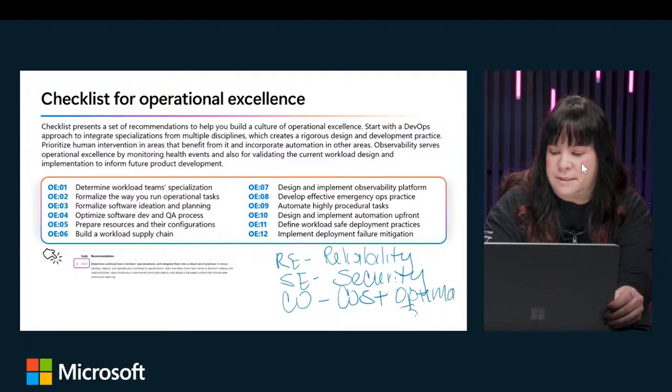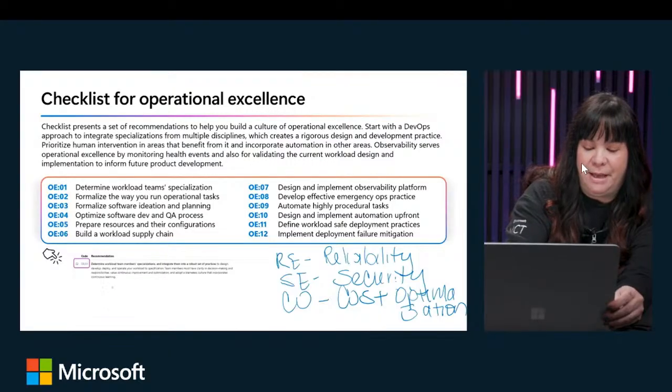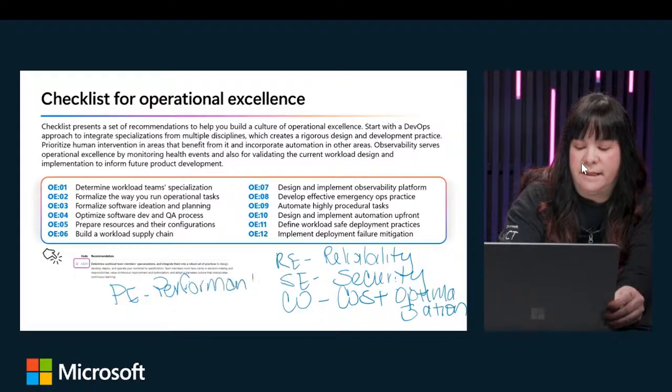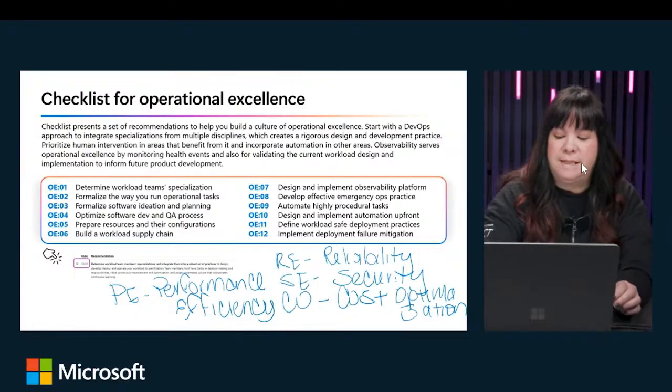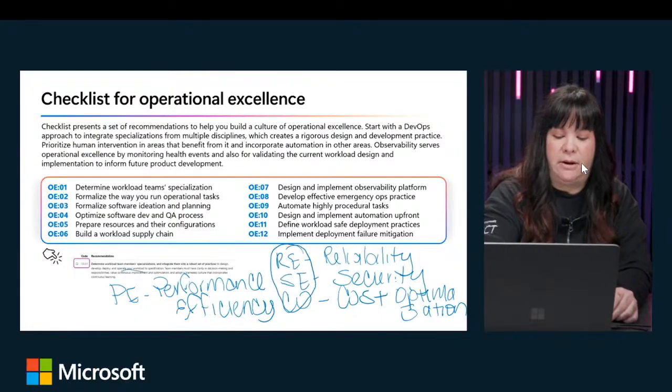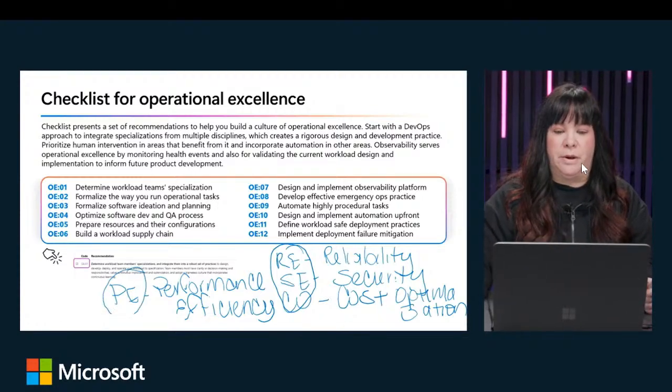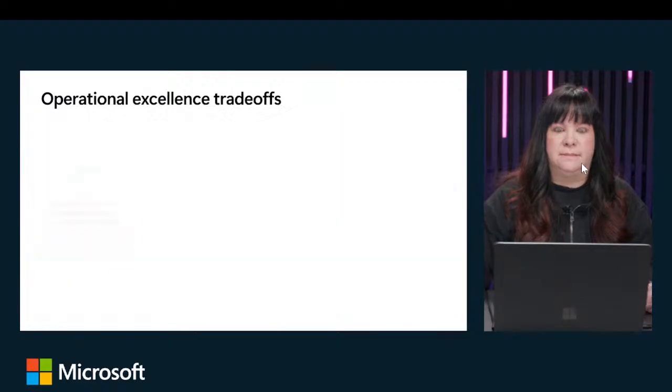Don't think I'm going to fit that on the slide. Here we go. And then you've got your PE, right, which is your performance efficiency. And let's see if I can spell this right. There we go. So those acronyms, as you can see in here, those are what you're going to see a lot referenced in your checklist for your operational excellence.